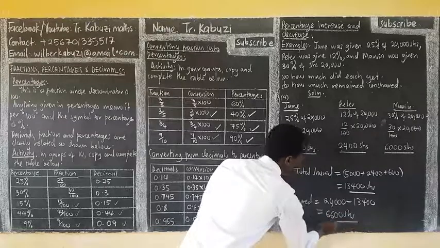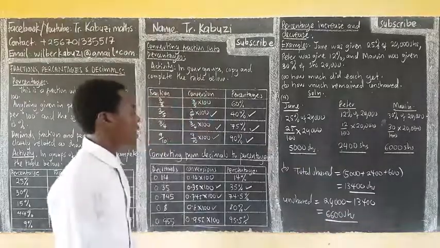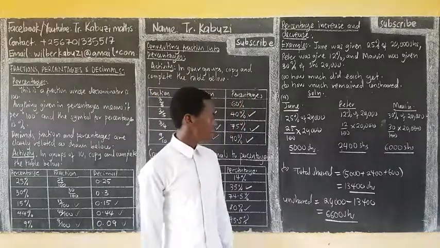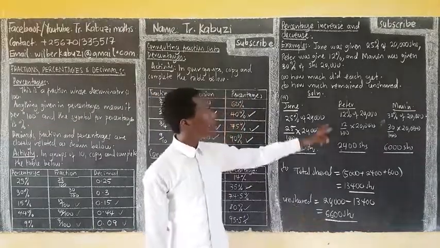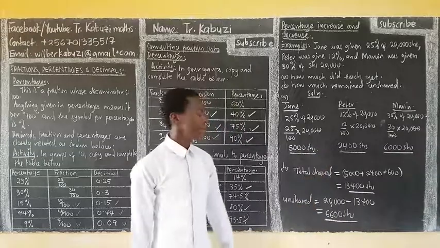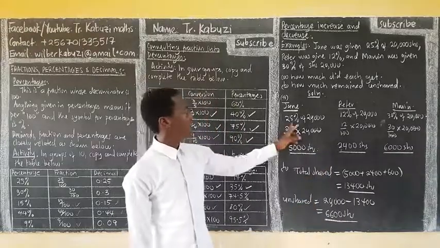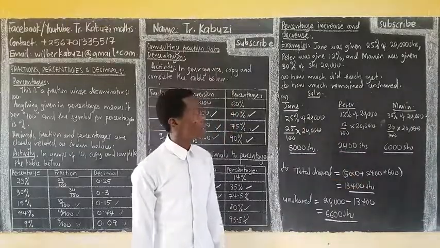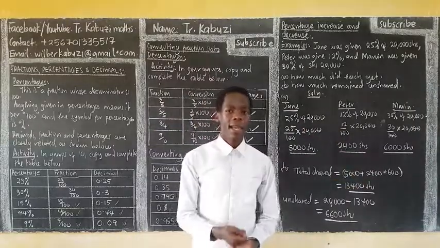So this amount was unshared. If they ask you to get a percentage, I think you know how you would have got a percentage. You get this over the total, then times 100. Or you get this, then you subtract, and you'll be getting the percentage. So anyway, that's how you handle that.